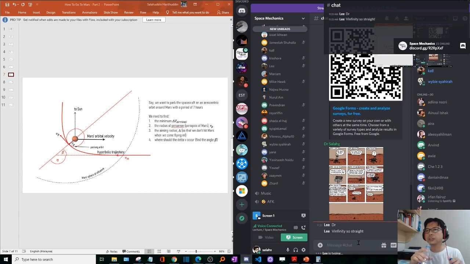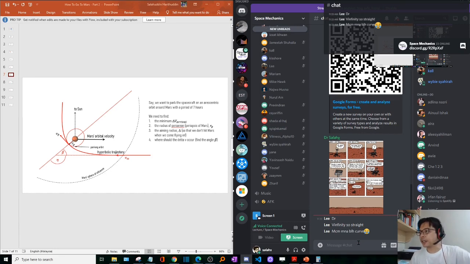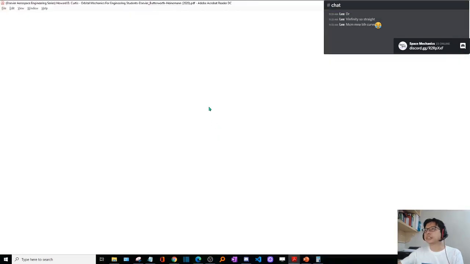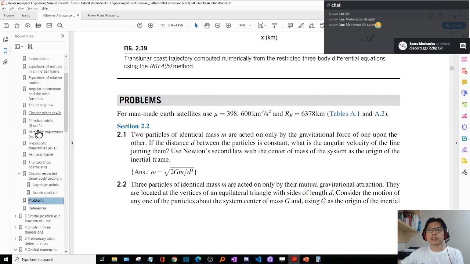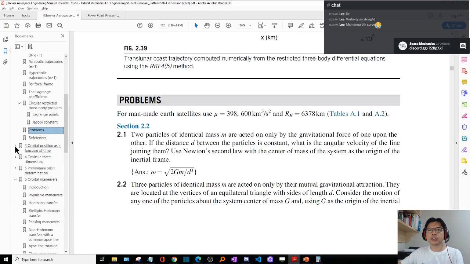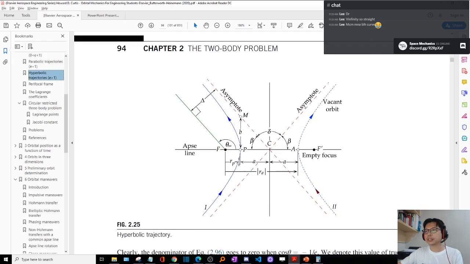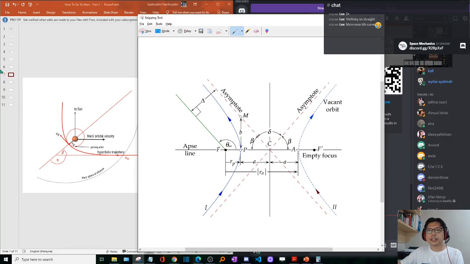Why is V infinity so straight? V infinity, how can it curve? Okay, that's a good question. Let me see if I can find the picture of our hyperbolic trajectory.